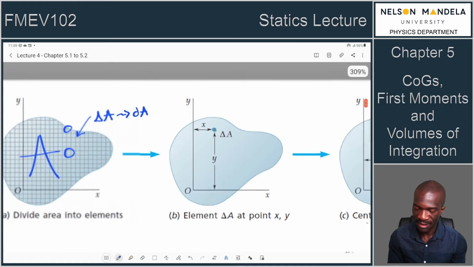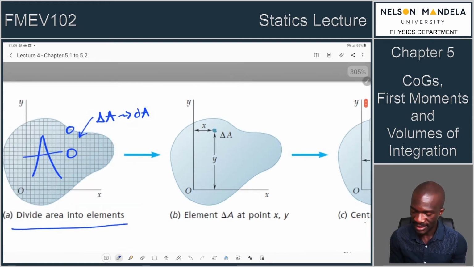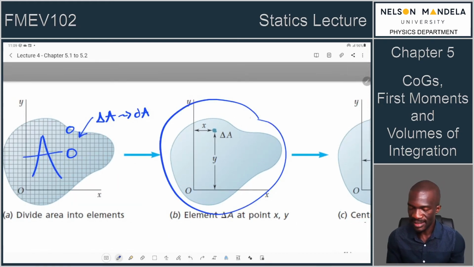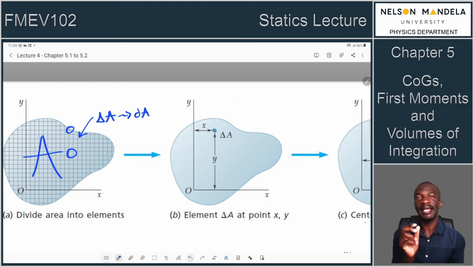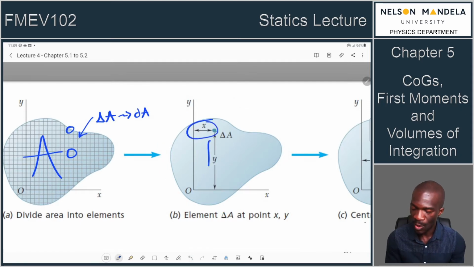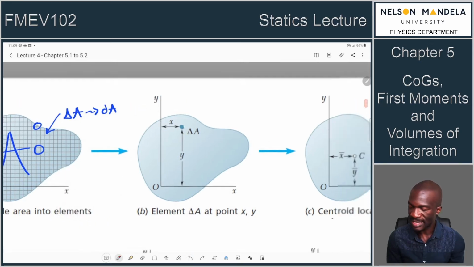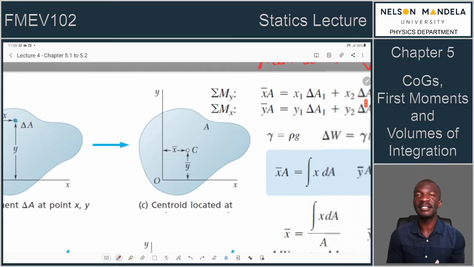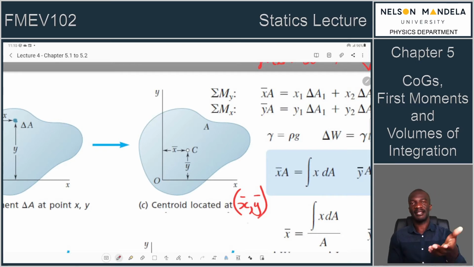Once again, our particles of an area are divided into elements, which means each area element is located at some x, y coordinates. If we have each area element at some x, y coordinates, by the same method as we discussed earlier, we can find the centroid located at x bar, y bar, the same way we found the center of gravity.